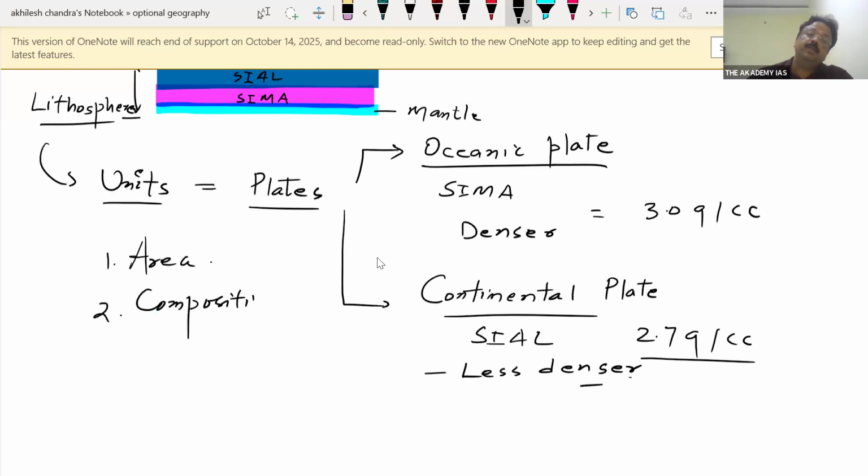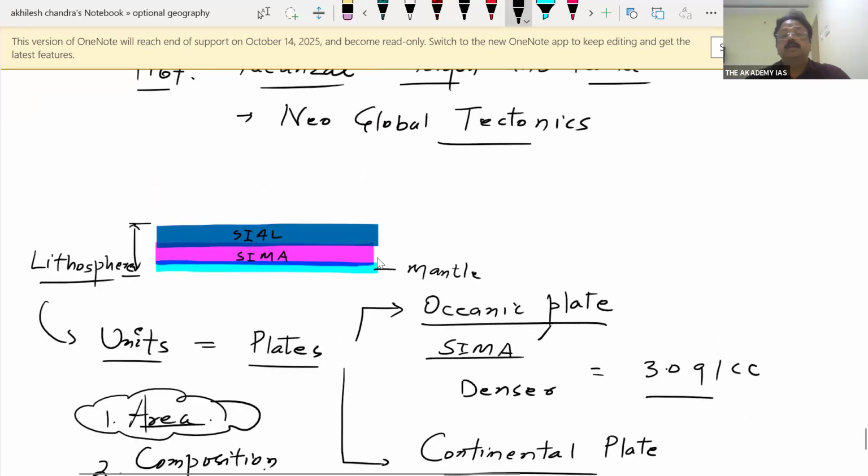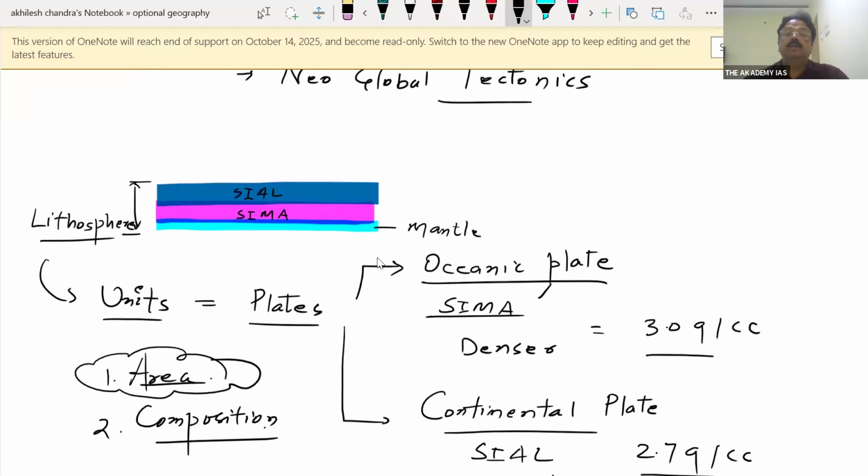Okay. Composition as well as area both are considered. Primarily it is the area, but yes, sometimes the composition, and if it is going to be of silica and magnesium, certainly it is going to be oceanic plate. Fine. So this is lithosphere and the concept of plate, which is already part of our interior of Earth.